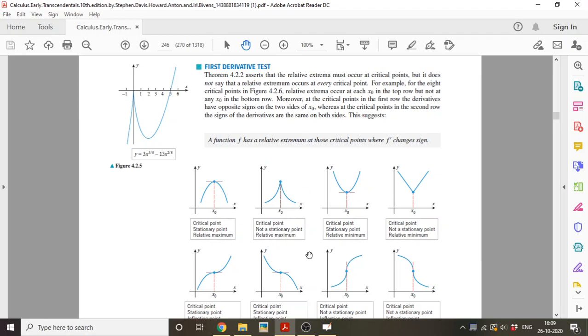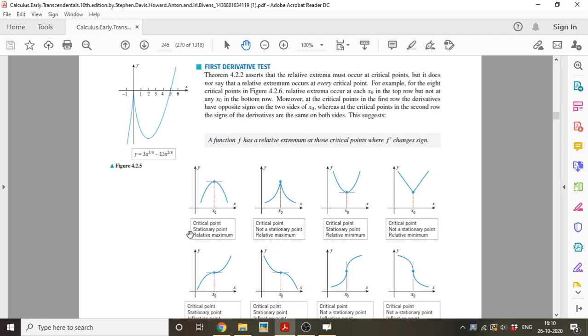We will analyze using these graphs what the critical points are and which critical points give us a local maximum and local minimum. As we said at first, local maximum and local minimum exist at critical points, but every critical point need not be a maximum or minimum.